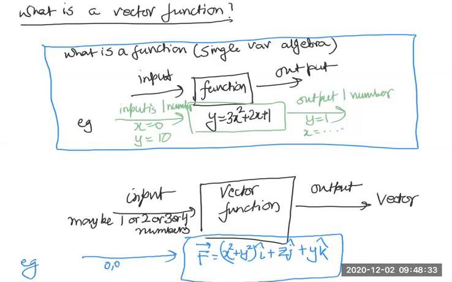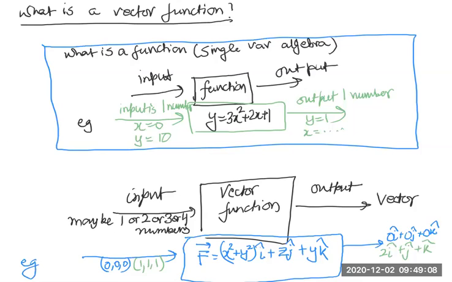For 0, 0, 0, the output will be a vector that will be 0 i cap plus 0 j cap plus 0 k cap. For 1, 1, 1, the output will be 2 i cap plus j cap plus k cap.